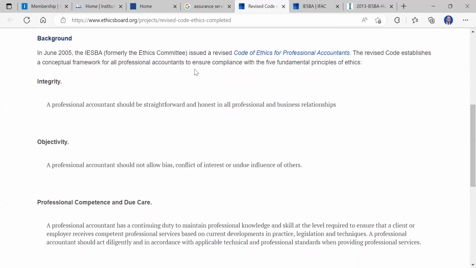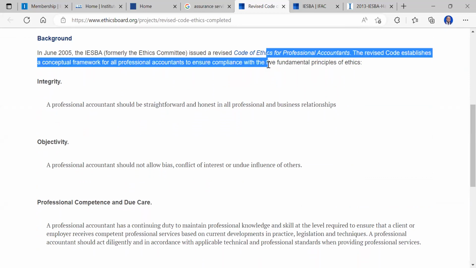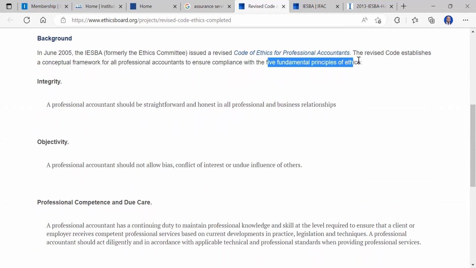So in 2005, the International Ethics Standards Board of Accountants, which was formerly the Ethics Committee, issued what we call the Codes of Ethics for Professional Accountants. And this presents 5 fundamental ethical principles, okay?